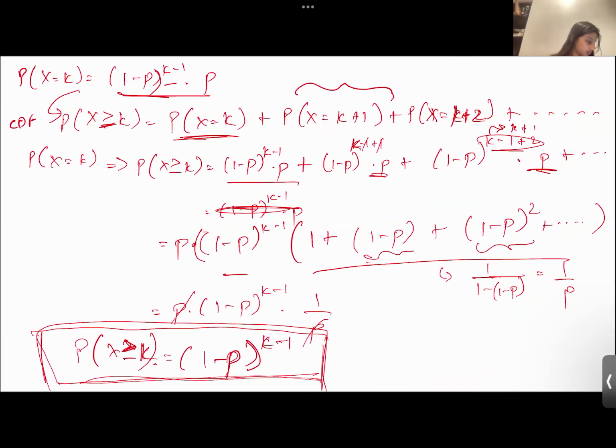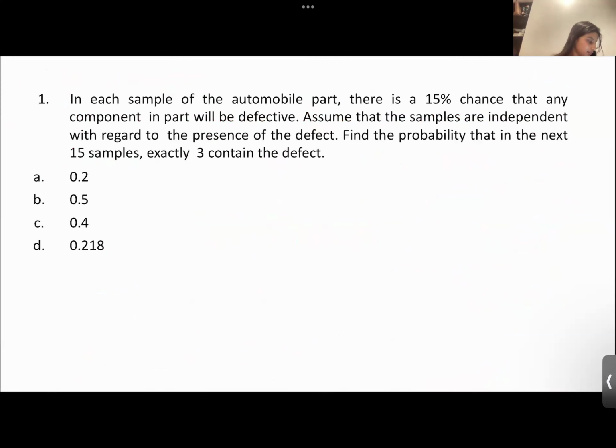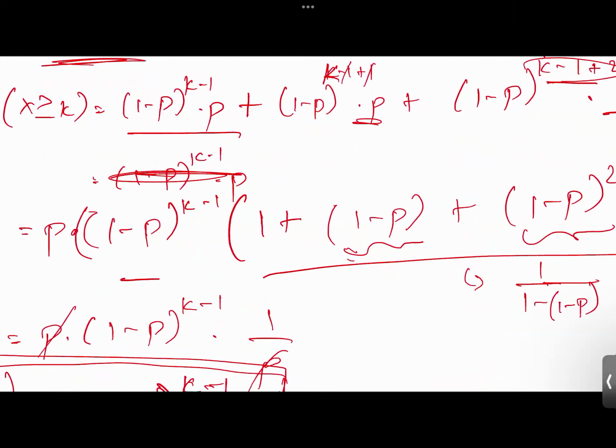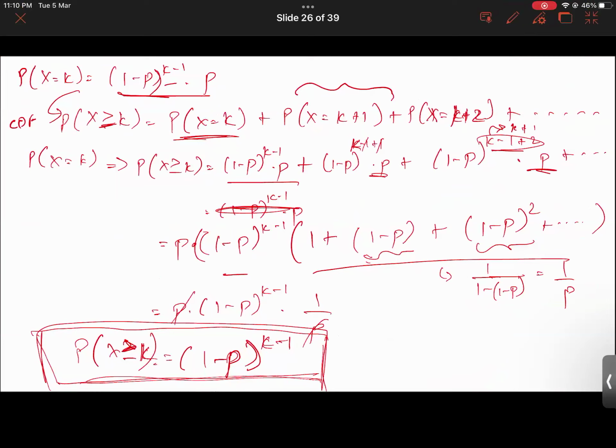Okay, so before we solve these problems, I'll just go through R. I'll just reshare my screen. R is on the computer. Let me share the R screen.